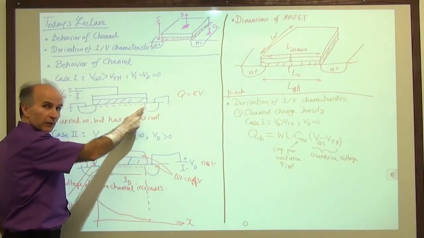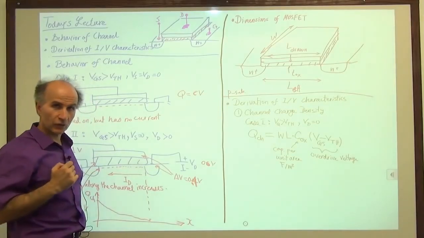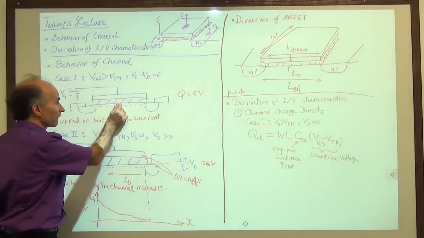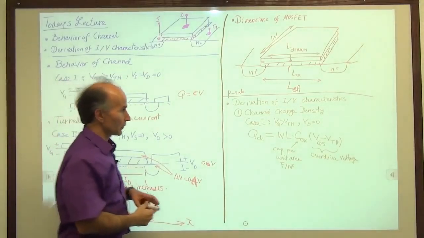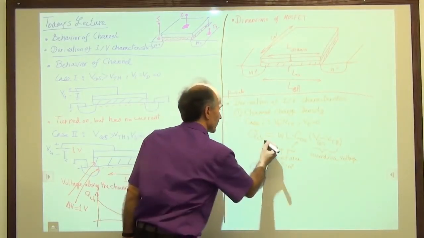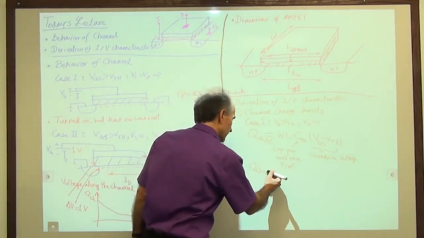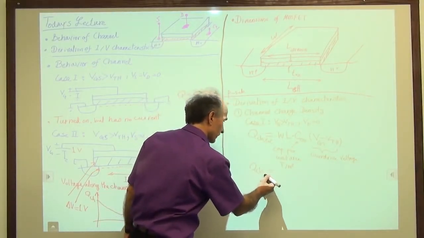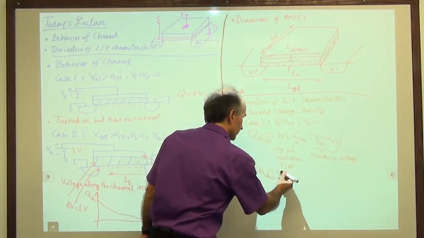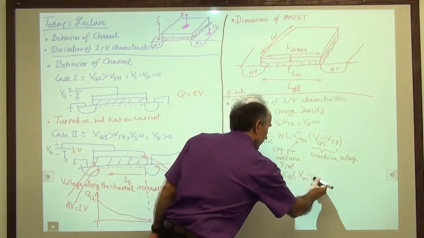We'll divide by L to give us per unit length. And that's what we will call the density of the charge per unit length, because I'm interested to see how much charge I have in each of these little pieces. So let me write this total so that we know it's total, it's not density. And this will be density, and maybe I'll just say dense for now. So that's just W times Cox times VGS minus VTH.